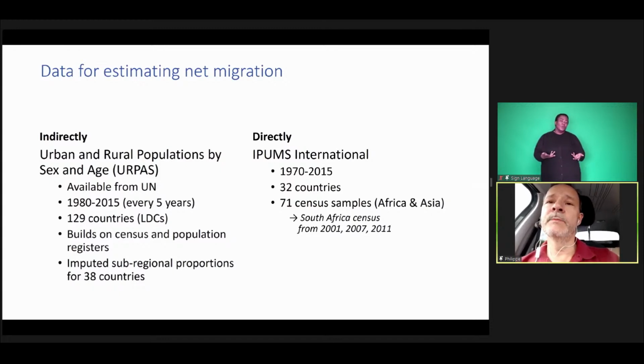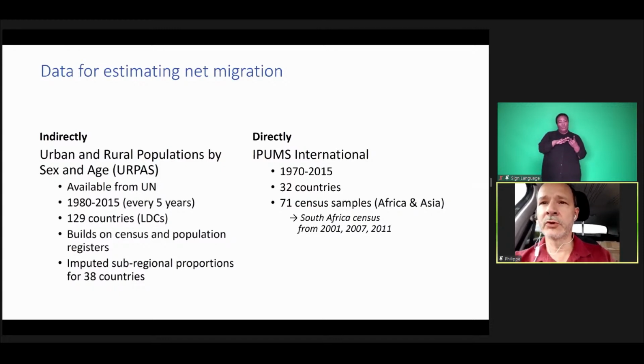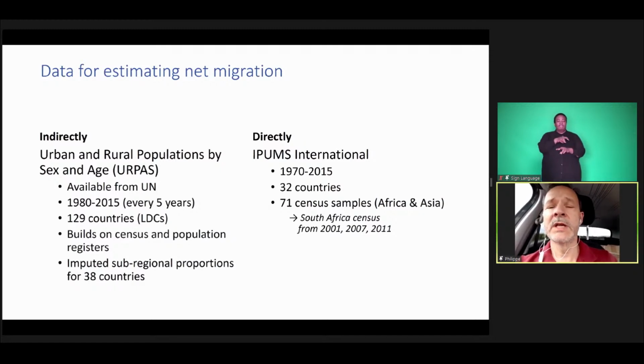We used two methods to estimate the contribution of net migration. First, we use indirect methods, using a data set that is available through the UN. It's called Urban and Rural Populations by Sex and Age, URPAS. It's available for the period from 1980 to 2015, in steps of 5 years, and for almost 130 less and least developed countries.